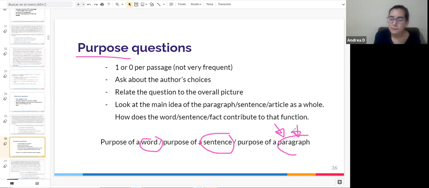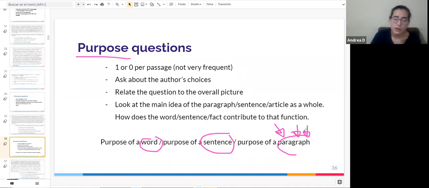Okay, so the tip I can give you here firsthand is if you get one of these questions and they're asking about the purpose of a whole paragraph, then you can maybe skip that question. Okay, so just take a guess and you can answer it at the end, when you're done with the 10 questions, with a set of questions. Okay, because by then you're going to be able to understand the whole passage better.